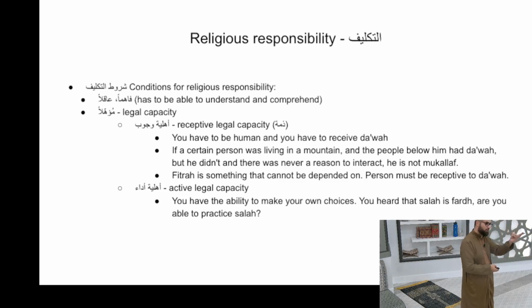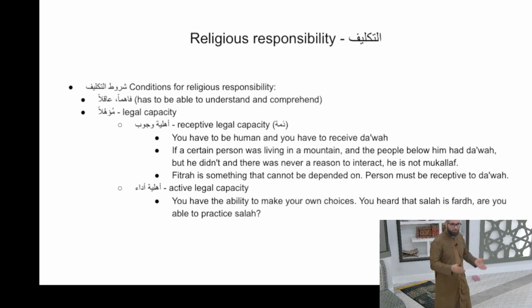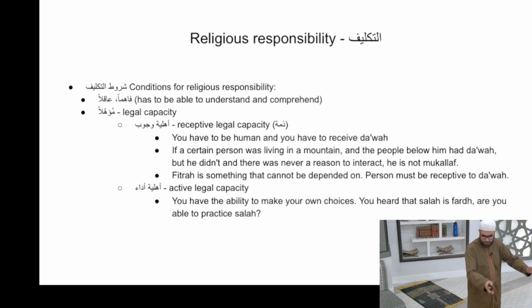There are two types of legal capacity in Islam. The first one we call ahliyat wujub, the other one we call ahliyat ada. Ahliyat wujub means they have receptive legal capacity. Meaning you have to be a human being who is capable of receiving da'wah. If we run into some other intellectual being, that doesn't matter. They have to be human, and capable of receiving the da'wah.